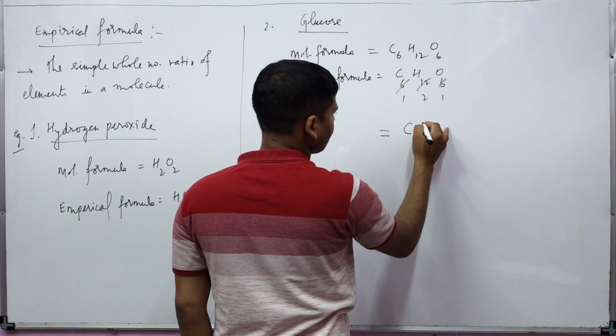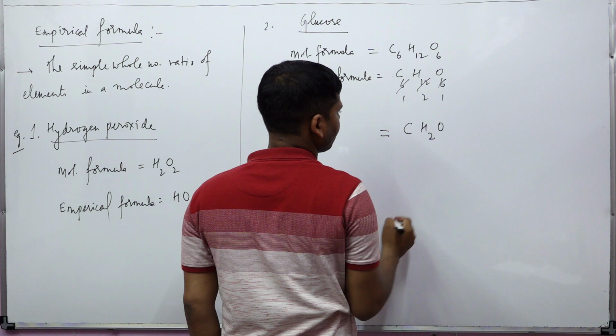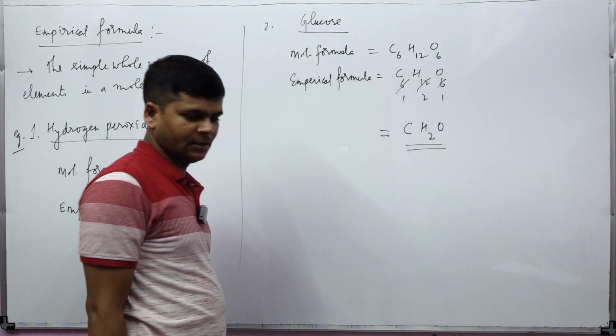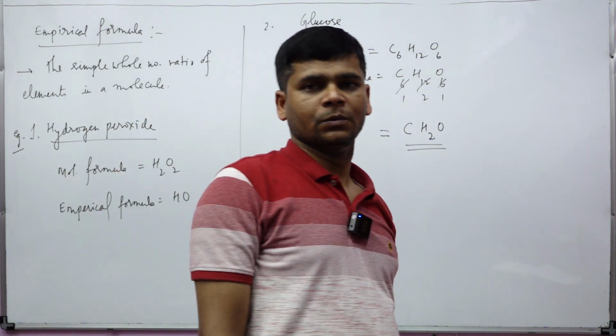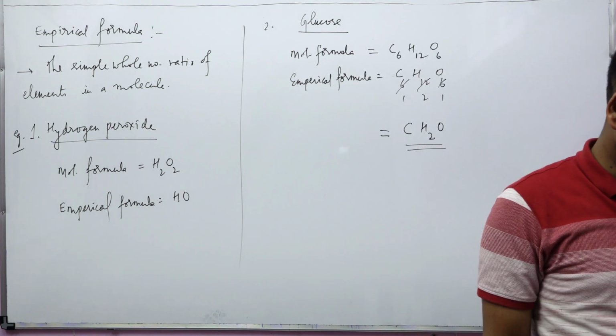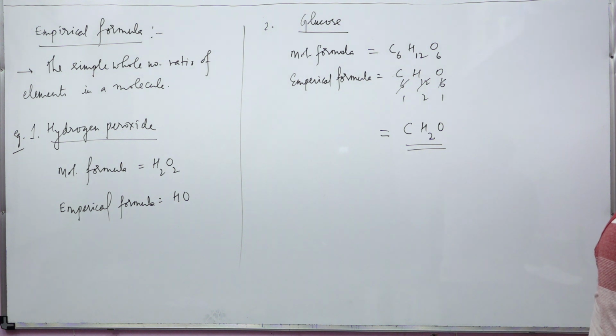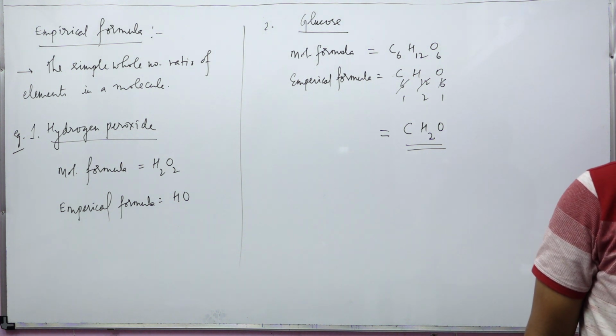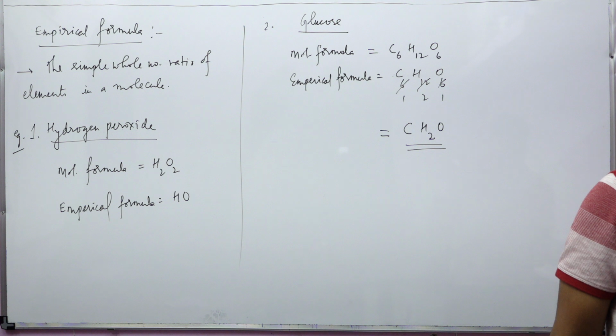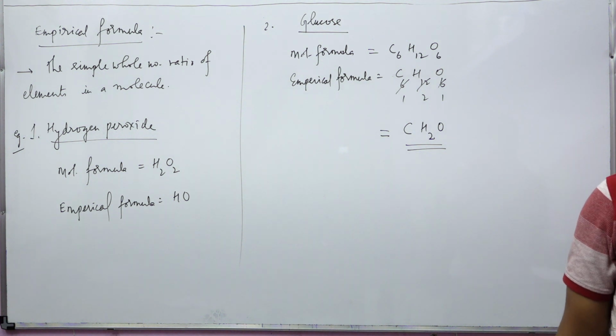So we will have the empirical formula as CH2O. So I hope you have got it, how to calculate the empirical formula of two compounds here.